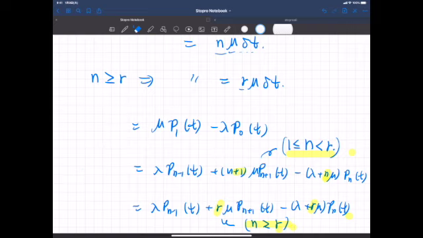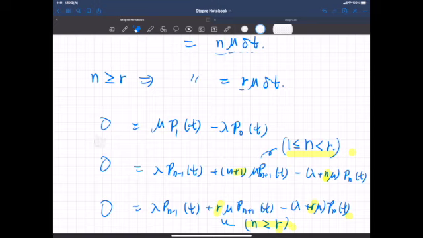So each probability mass function will be a constant for each n. Now we solve this difference equation rather than differential difference equation. Now let's solve these difference equations.